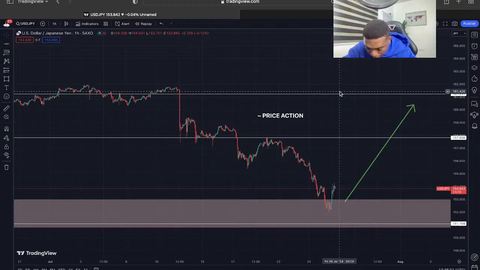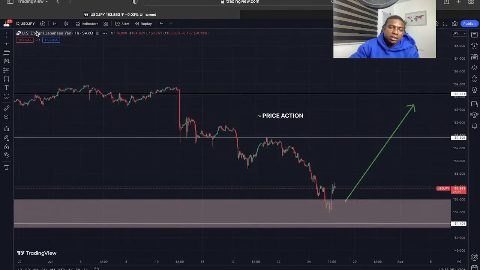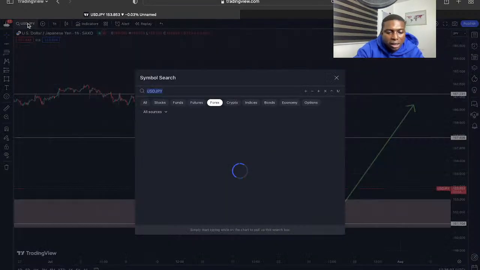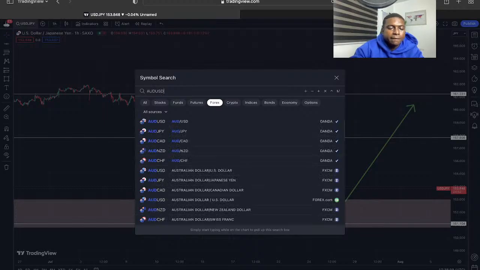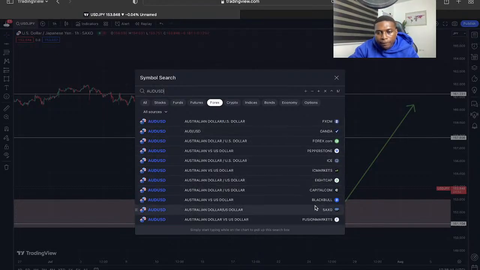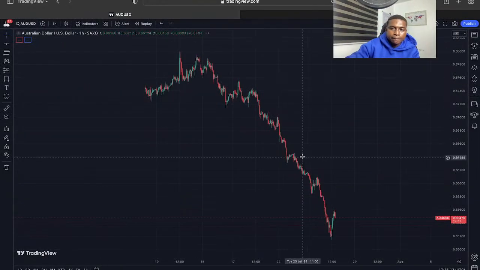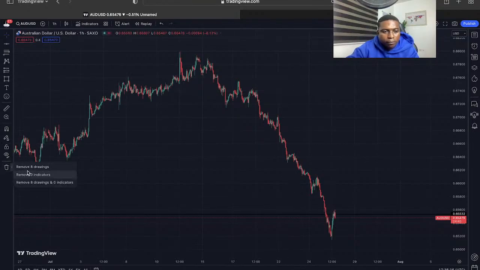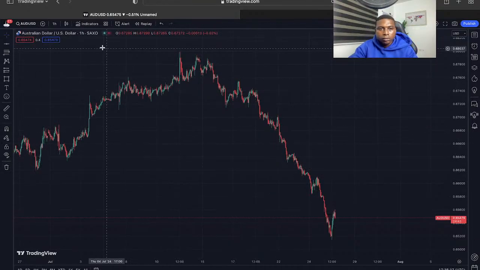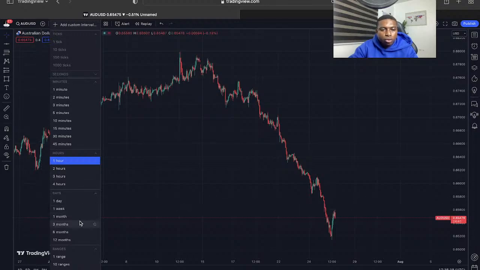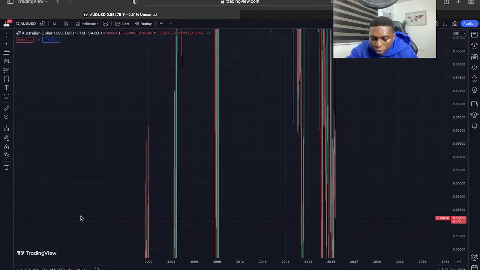So let's look at the Australian dollar USD, as someone has suggested in the chat. AUD USD. Now let's go to the monthly time frame of AUD USD.